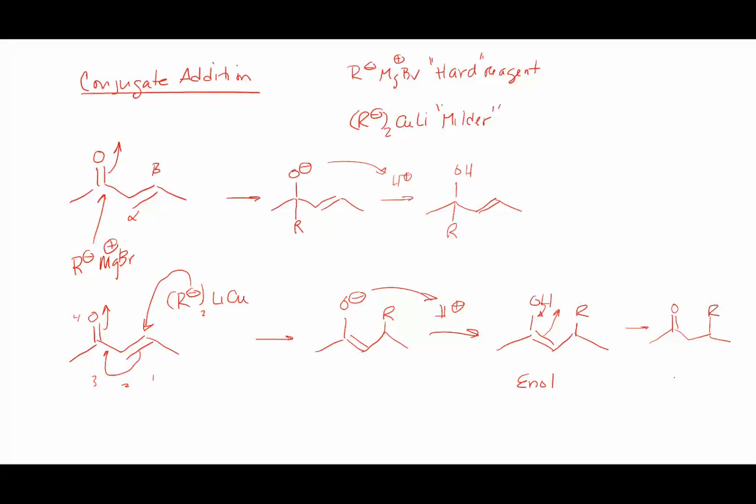So we make this ketone. So in the end, what happens is that the R group added to the beta carbon, and then the double bond just disappeared. So this is what's called conjugate addition. And that's the mechanism.